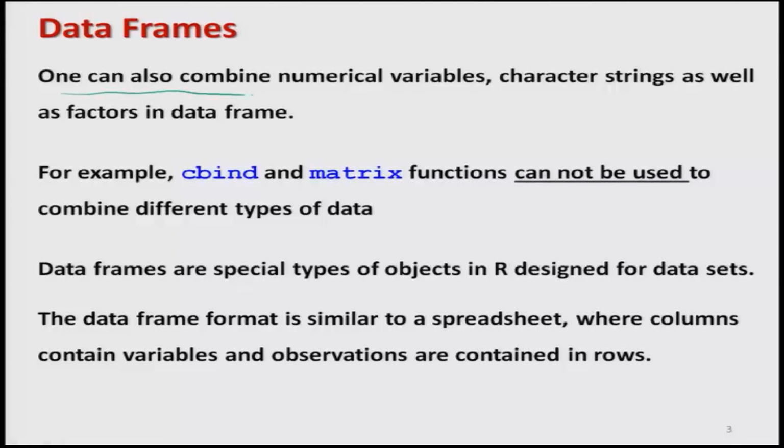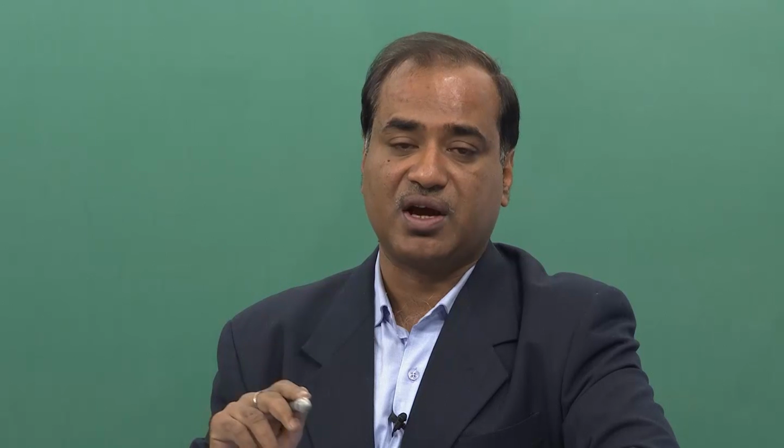And the second advantage is that in a data frame one can combine numerical values, character strings, as well as factors. So different types of variables can be combined together. For example, you have seen in any spreadsheet that the first column is name, which is a string, say Mr. X, Mrs. Y, Mr. Z and so on. Then there can be height, weight, and age, which are numbers.